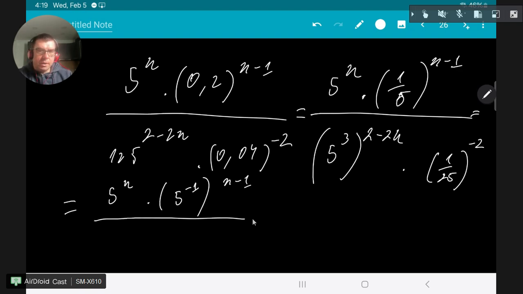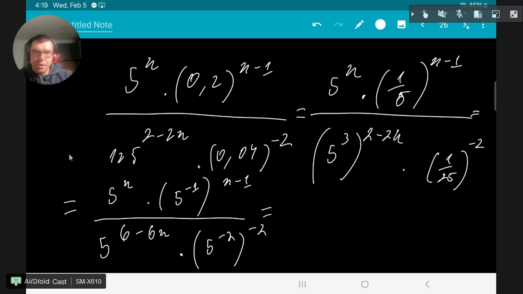Here I can multiply, so 5 to the power of 3 times 2 is 6, 3 times minus 2n is minus 6n, times 1 over 25, which is 5 to the power of minus 2, to the power of minus 2. 5 to the power of minus 2 is the same as 1 over 5 to the power of 2, which is 1 over 25. Now remove these brackets here.